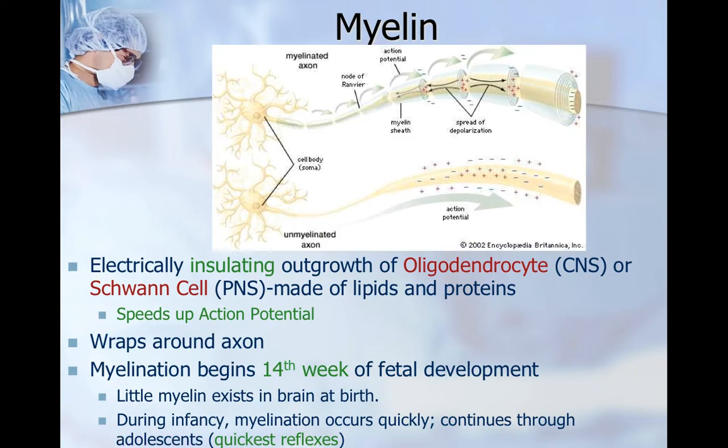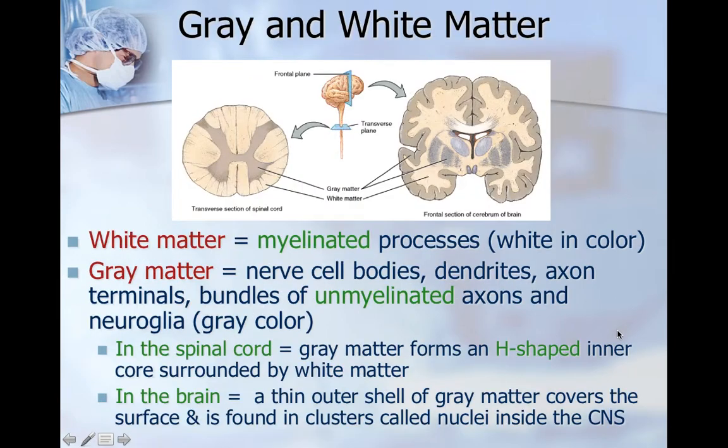That's why babies don't seem to react very quickly. It's because they don't have a whole lot of myelin in their brain. But during adolescence, your teenage years, you've got really, really quick reflexes, okay? It's because your myelination is at its peak when you're a teenager.